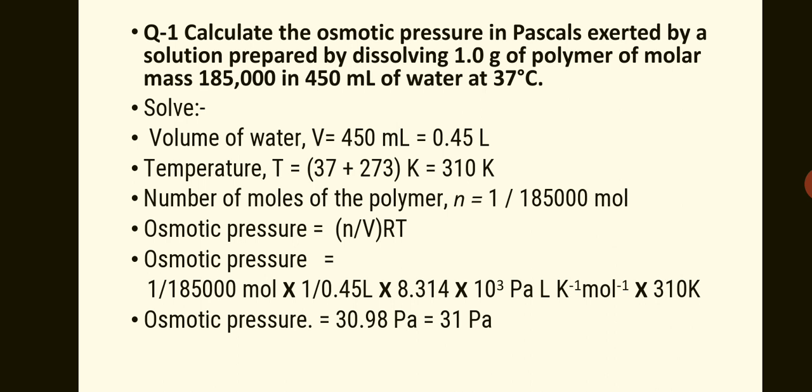So if we put the values of n, V, R and T, we get osmotic pressure equal to 1 upon 1,85,000 mole, multiplied by 1 upon 0.45 liter, the volume given in the question as 450 ml or 0.45 liter, multiplied by the value of R in Pascal liter per Kelvin per mole, that is 8.314 multiplied by 10 raised to power 3, and lastly multiplied by 310 Kelvin, which we calculated by adding 273 to degree centigrade.